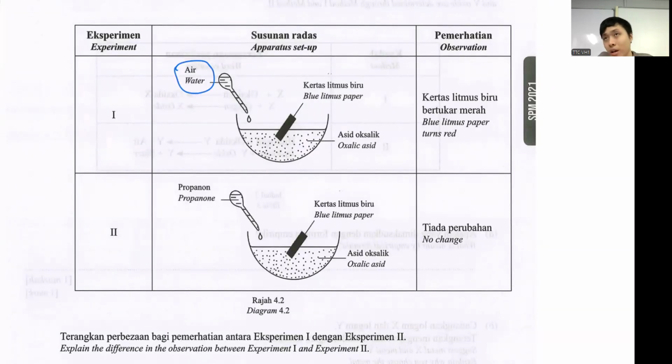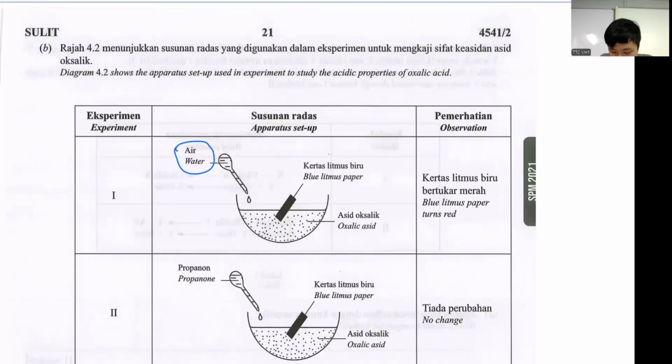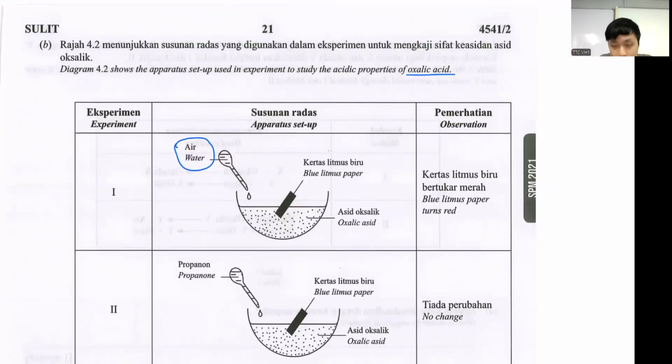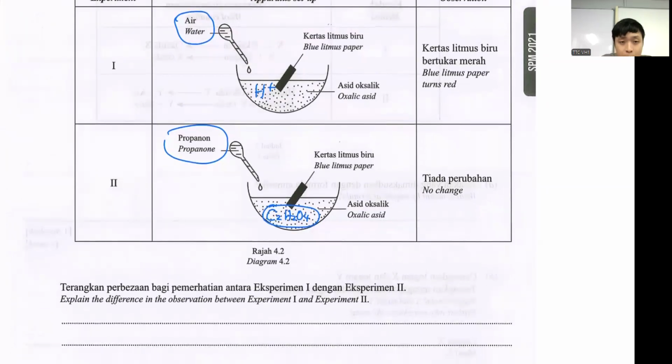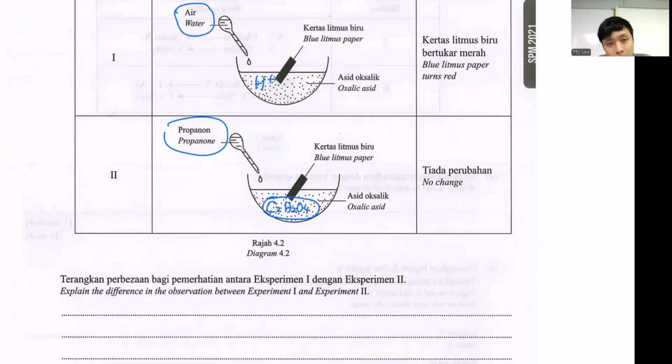The importance of water for acid to show its acidic properties: when they add water into the oxalic acid, you get H plus. If it is propanol, the acid remains neutral, no charge. Propanol is an organic solvent, not water. Only when the acid is in water can it ionize.